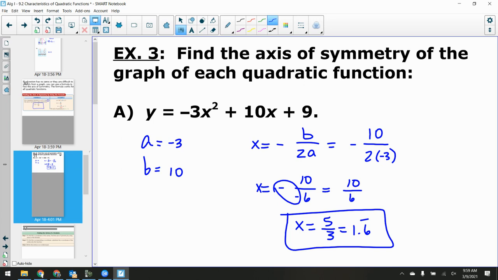That tells me that if I go to graph this parabola, the center line of this parabola is at 1 2/3, 1.6 repeating. Right? You go right 1 2/3, you make a dotted line down the center of the graph. That's the center line of the parabola. I'm not exactly sure where the rest of it is yet. But that's the center line, negative b over 2a.